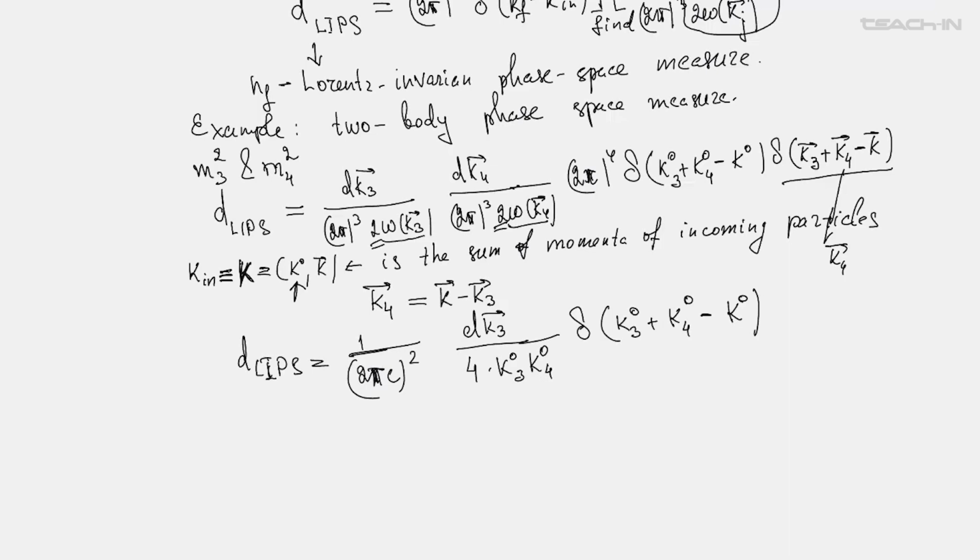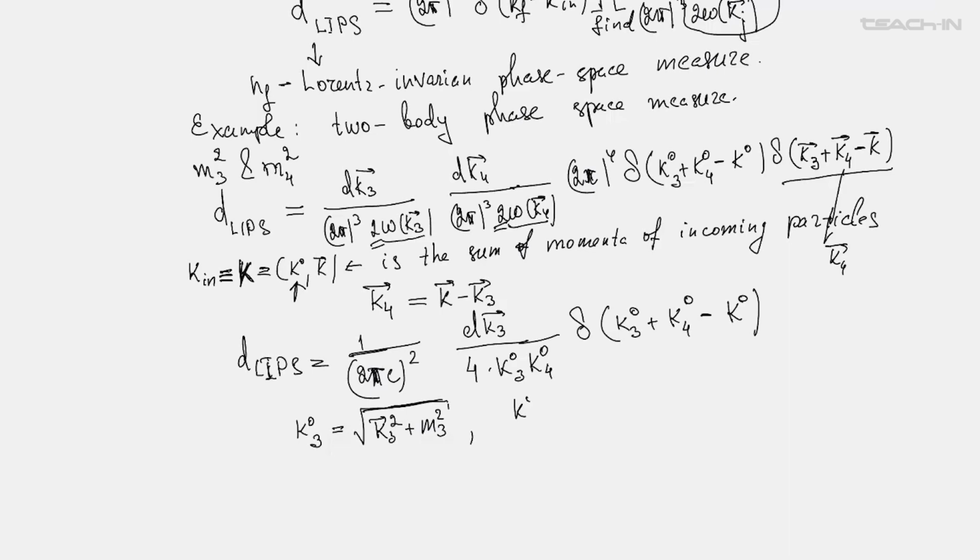k03, the energy of the particle with mass m3, is given by the square root of k3 squared plus m3 squared, right? So that's the dispersion relation, which describes the energy of the particle in terms of its momentum. And analogously, we have a similar formula for the energy of the particle with mass m4.